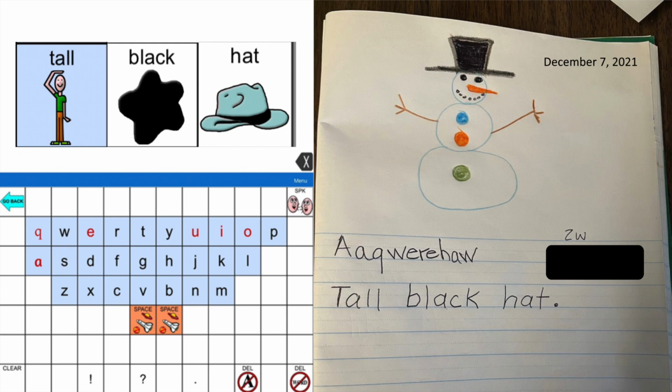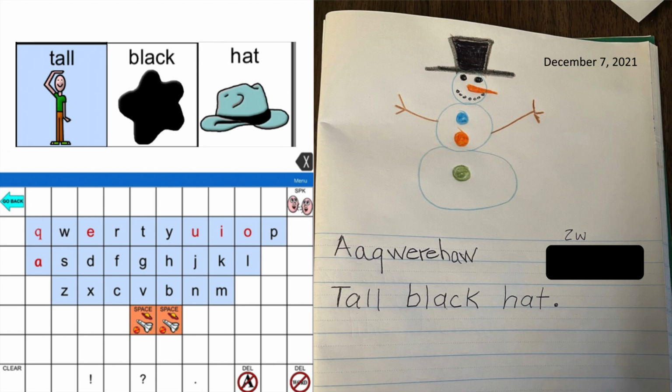They decided together to write the message, tall black hat. They opened up the keyboard and the student selected the letters AAQWEREHAW. His educational assistant scribed these for him, and then she modeled writing tall black hat when he was done.